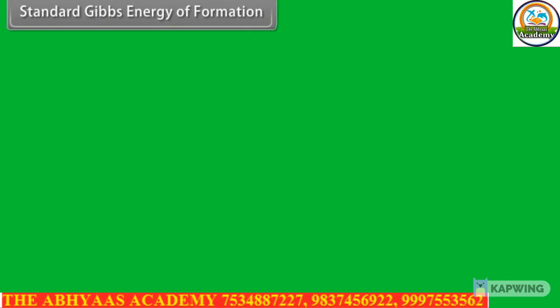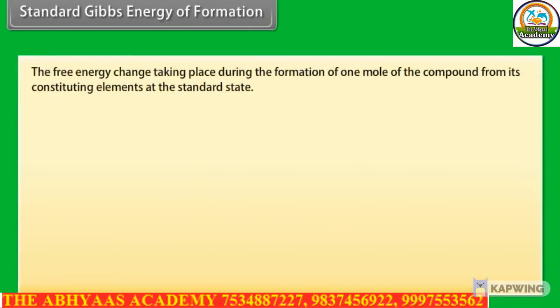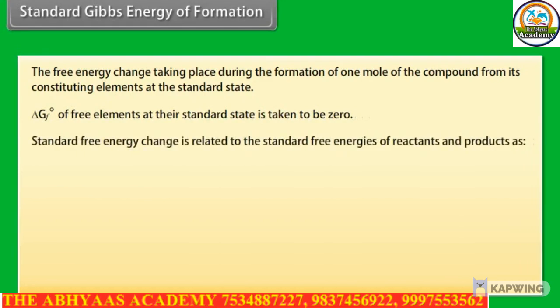Standard Gibbs energy of formation. The free energy change taking place during the formation of 1 mole of the compound from its constituent elements at the standard state. Delta G f naught of free elements at their standard state is taken to be 0. Standard free energy change is related to the standard free energies of reactants and products as delta G naught is equal to the summation of delta G f naught of products minus the summation of delta G f naught of reactants.